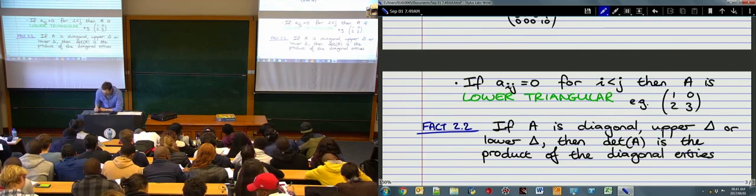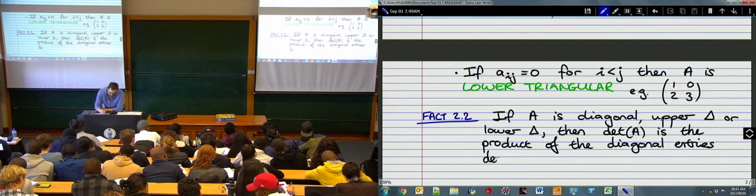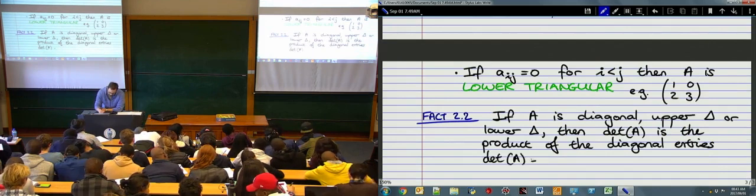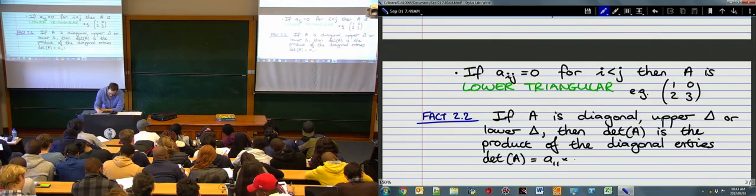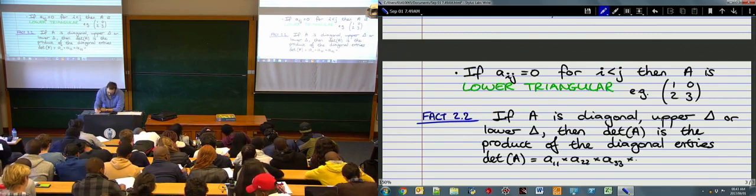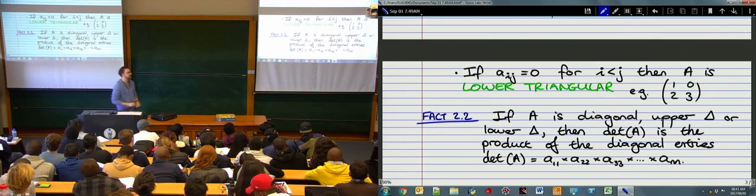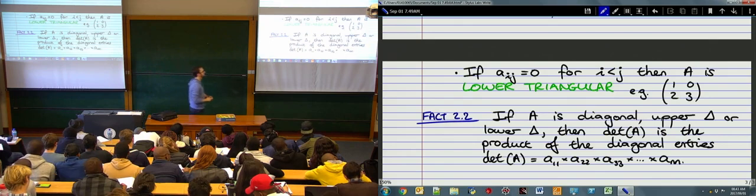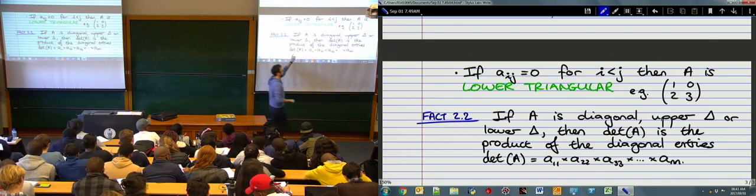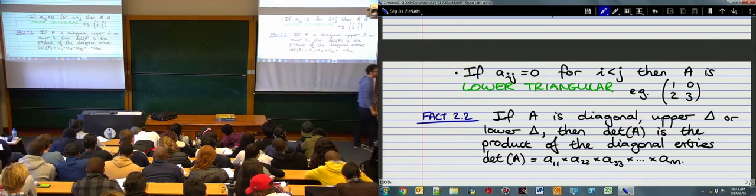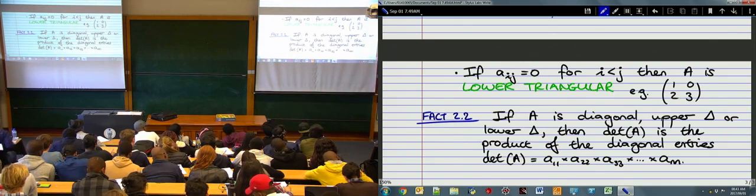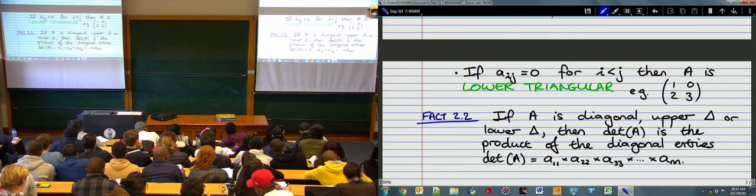You write this as det A equals A11 multiplied by A22 multiplied by A33, and so on up to Ann. You can think about that over the weekend, and when we come back on Tuesday, I'll explain why this is the case. It's actually really obvious if you just think about it and exploit the natural structure of these matrices.